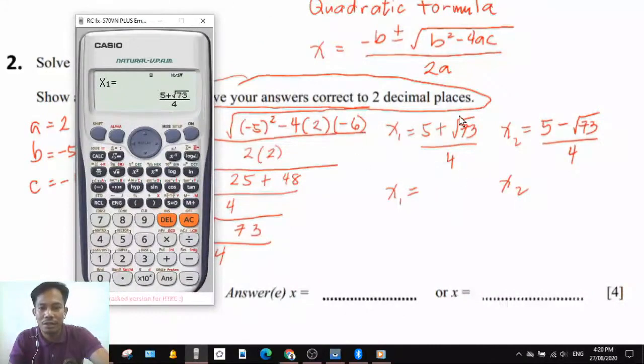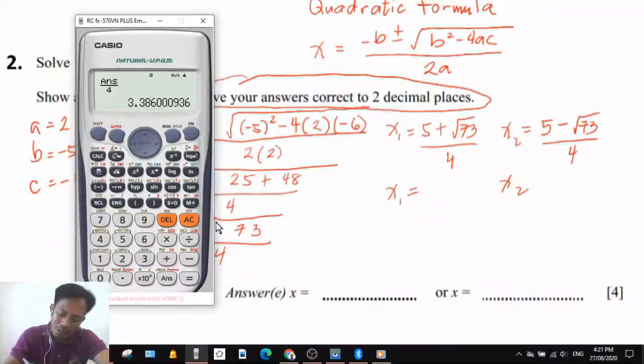I have the first solution is 5 plus square root of 73, then divided by 4, which is 3.39.